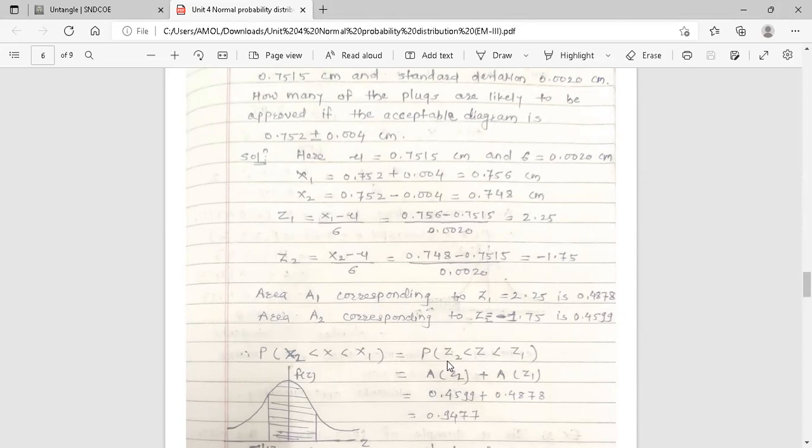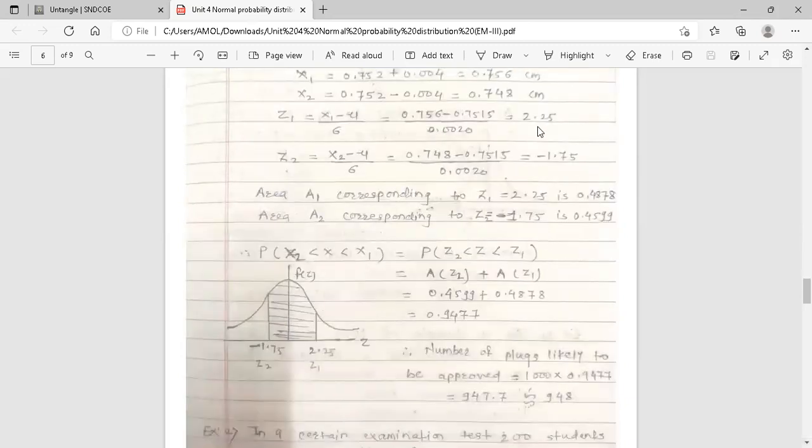Now, what is your z2? Z2 is minus 1.75. Now, what is the area of 1.75? That is the question. And then see the probability between z1 and z2. Now z1 is positive and z2 is negative. You see the diagram.